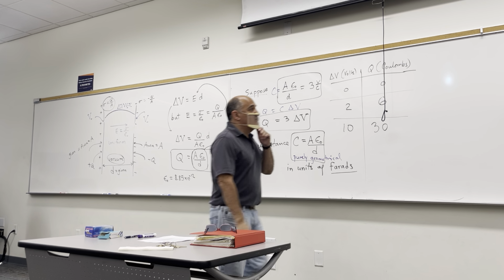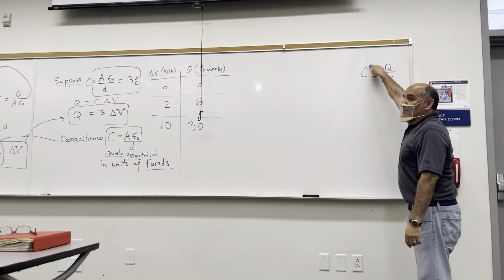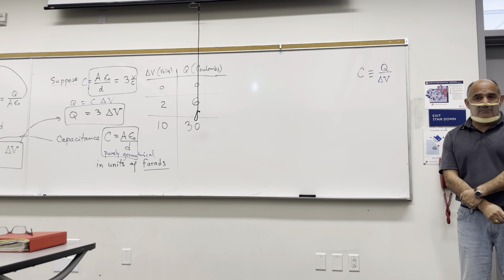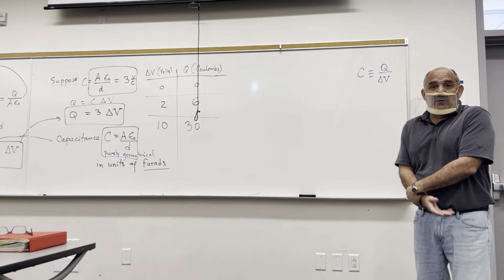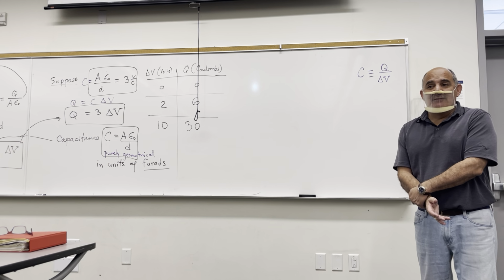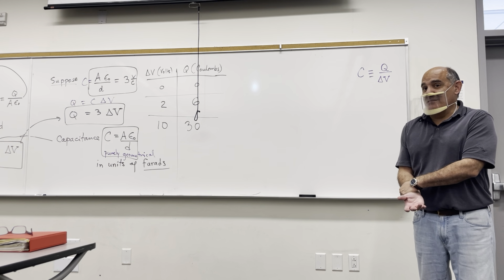If this is 0, what's the capacitance? 0. And that's wrong. Remain the same. But what is it? It's A epsilon over D. That's right. But it is not 0.